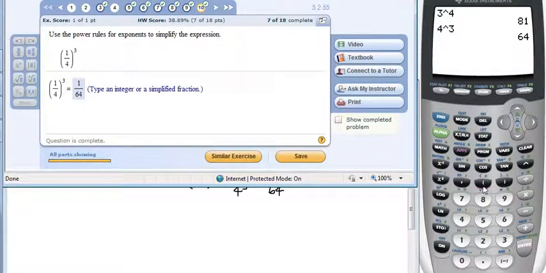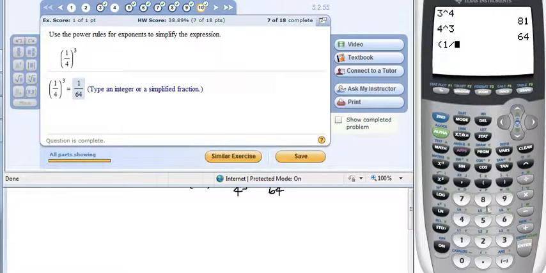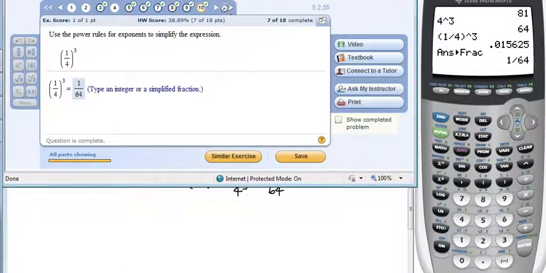Now, we can always check it this way on a test. Even though it says not to do this, we could always do it this way as well. Double check and just use the calculator from the get-go, 1/64. So either way, we're supposed to use the power rules, but we can also use the calculator to check in a test situation.